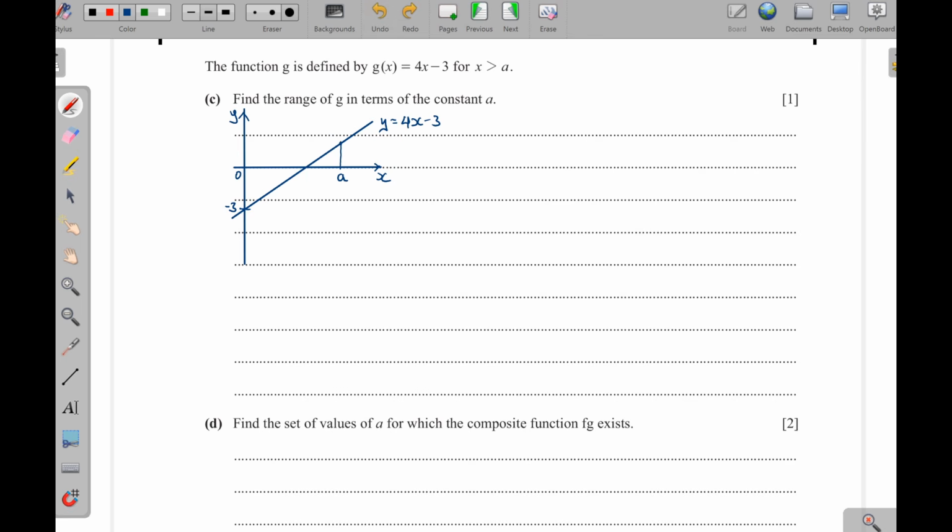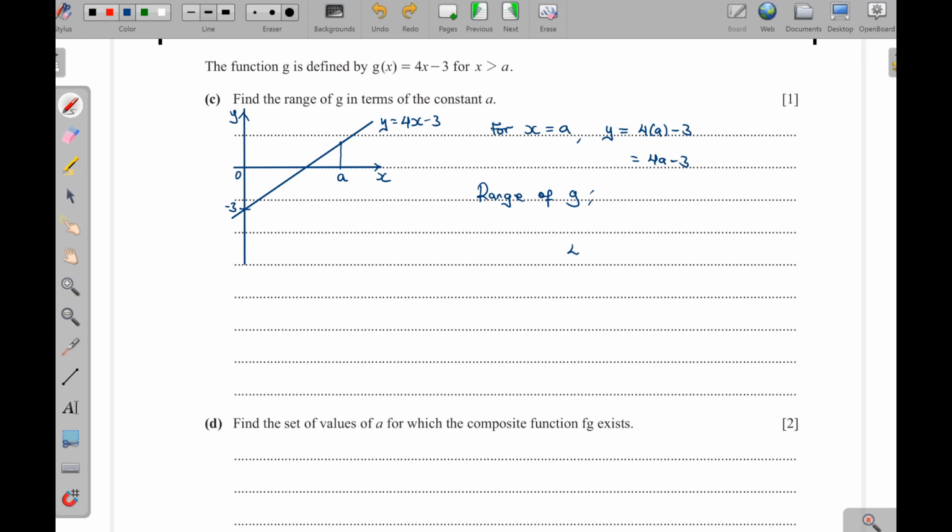Now, we shall say for x equal to a, then y shall be equal to 4 times a minus 3, which is 4a minus 3. So that means the range of g then will be given by, so it is starting from this value here.